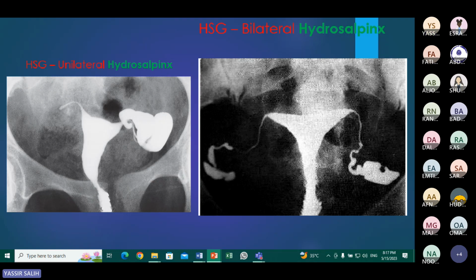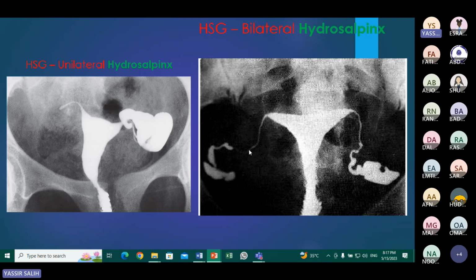When the fallopian tube is dilated we say hydrosalpinx. There is a bilateral hydrosalpinx due to blockage in the distal part, as I said.